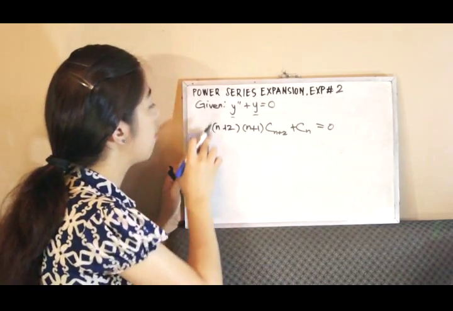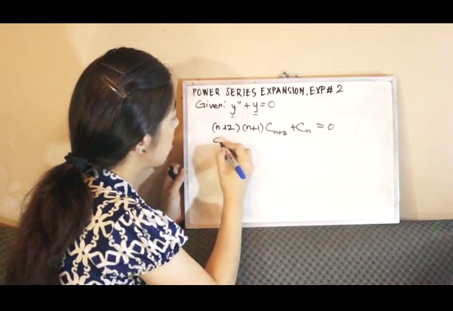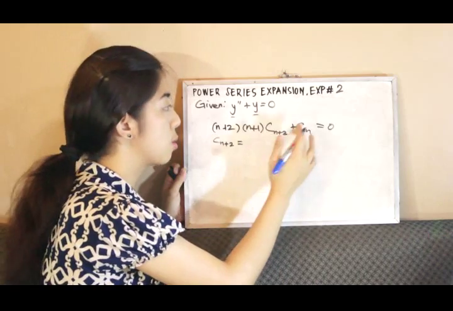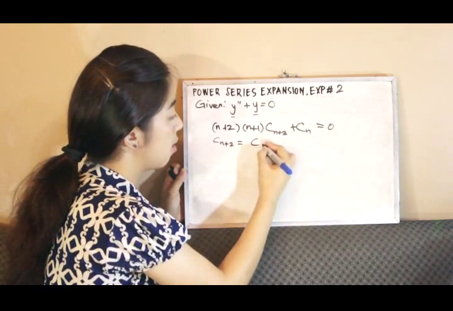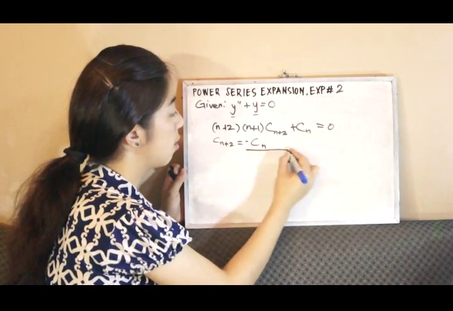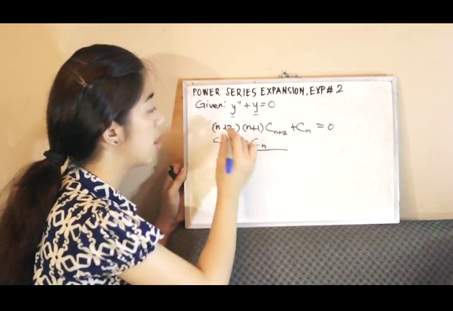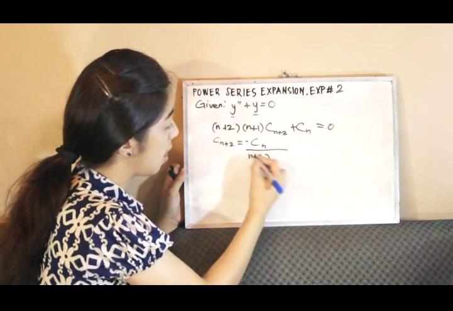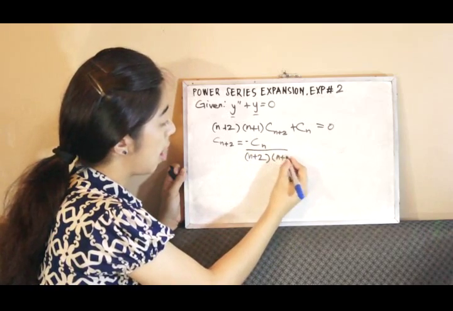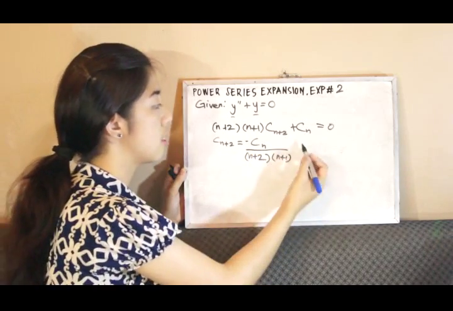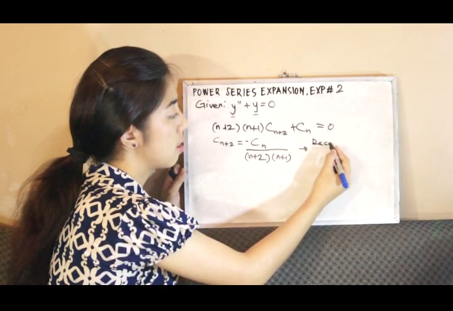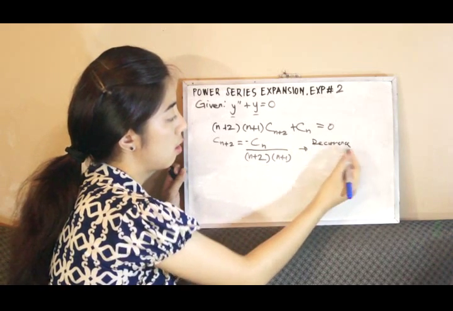So we will equate everything. So c sub n plus 2, we will transpose c sub n over the other side to have a negative c sub n, and then divide that by n plus 2, n plus 1. So this is our recurrence relation.